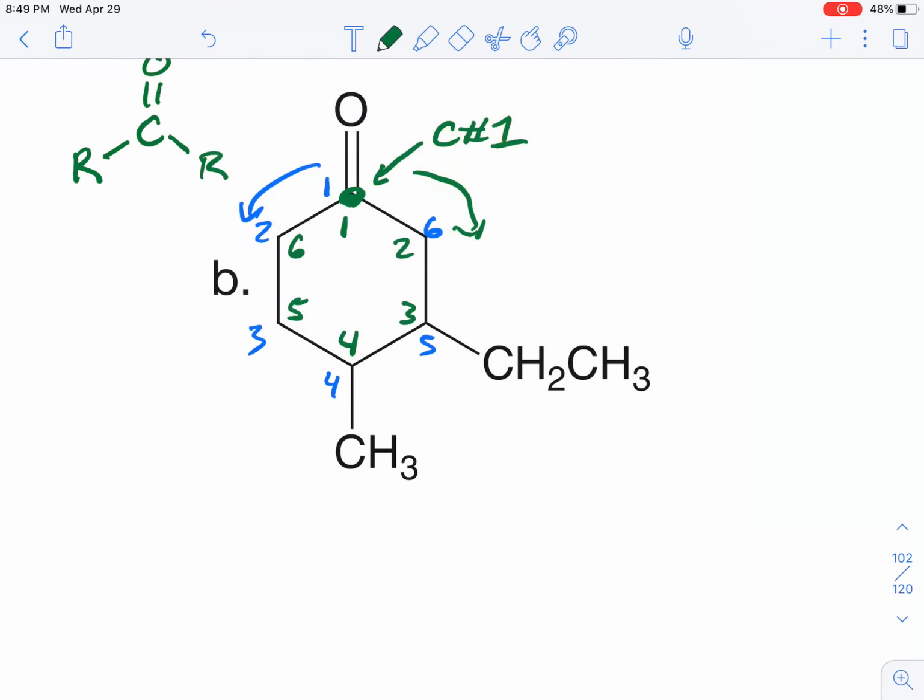And so remember that we want the lowest possible number for our substituents. And so here we have two substituents. We have 3 and 5, and 4 and 4. And so since 3 and 4, that's in green, is a lower combination than 5 and 4, then the numbering system in blue is not correct.